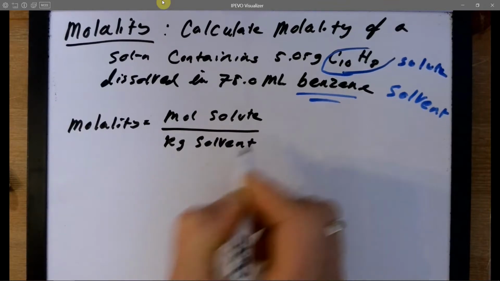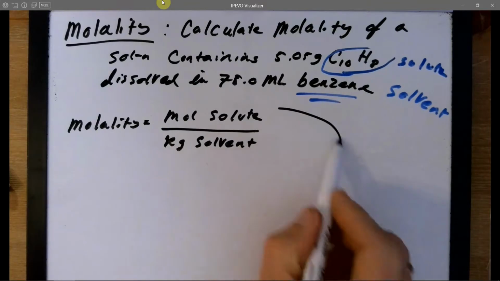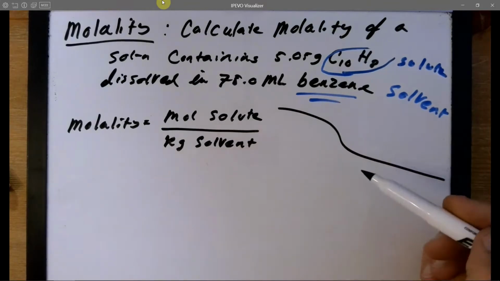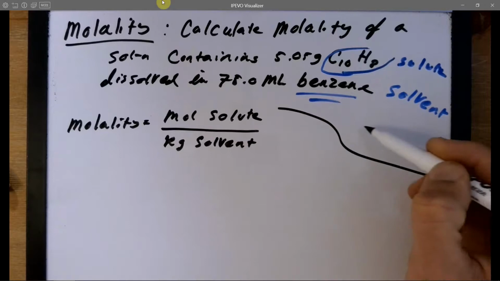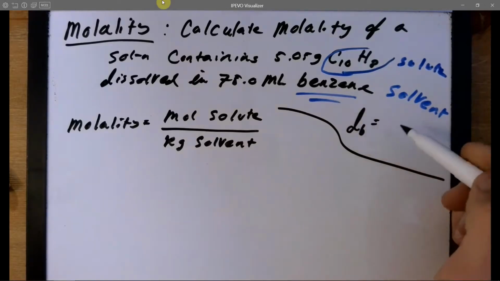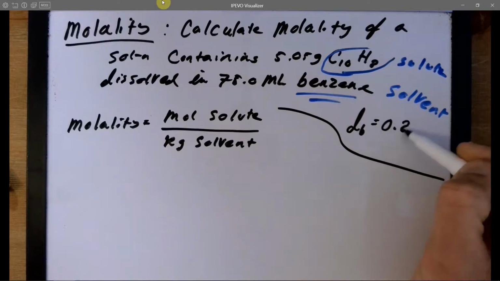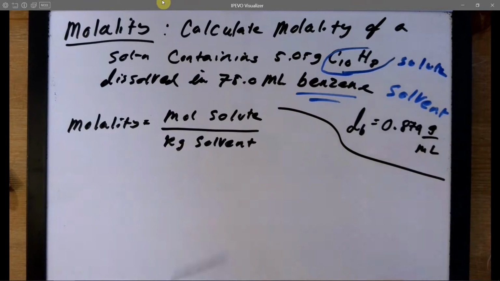Okay? Right. Oh, one more thing I forgot to give you in the problem statement, the density of benzene. That's important because how would you do that otherwise? Density for benzene, D of B, is 0.879 grams per milliliter.